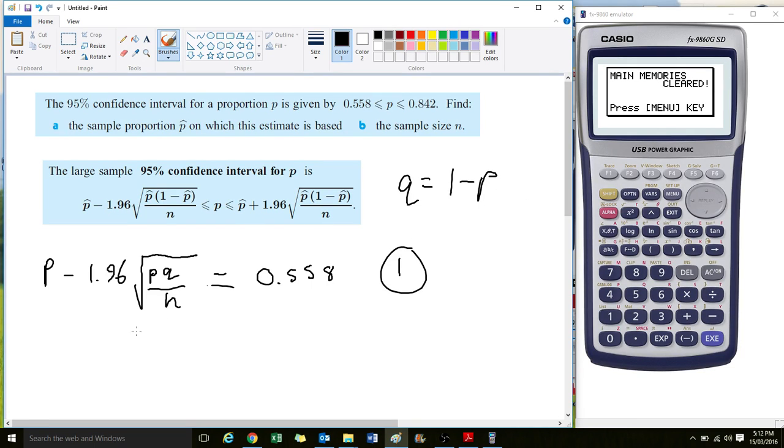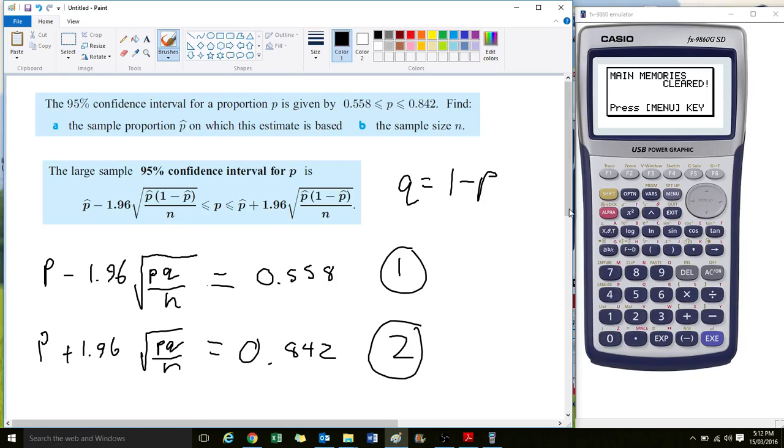Our second equation is going to be P plus 1.96 times the square root of PQ on N is equal to, from the example, 0.842. Of course, we'll call this equation 2.